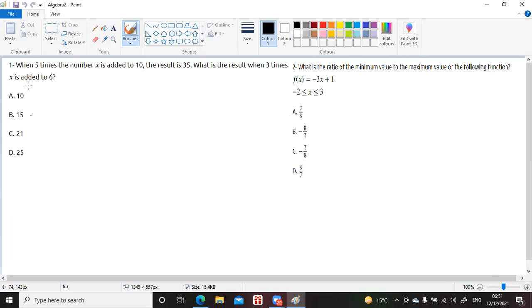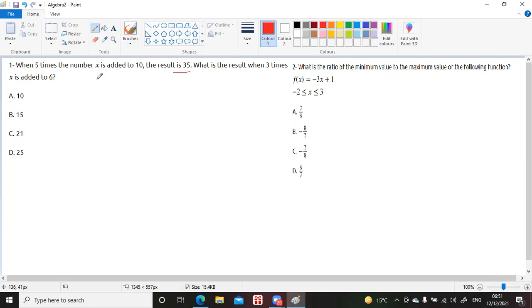So the question is, is it readable? Yeah, it is. Okay. When 5 times the number x is added to 10, the result is 35.